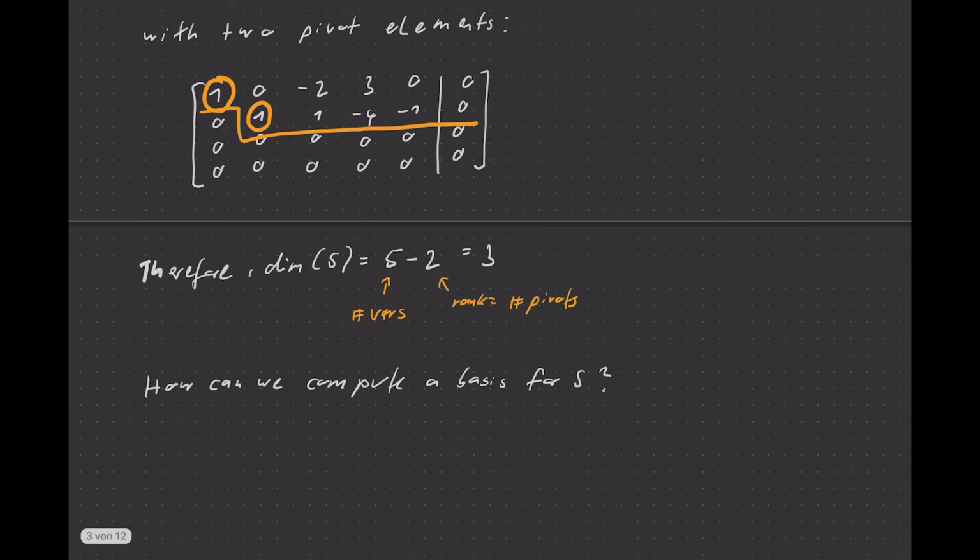If we look at that system again, what we can see here is we have these two pivots here. Those correspond to x1 and x2. And we have these three columns here that do not have a pivot.